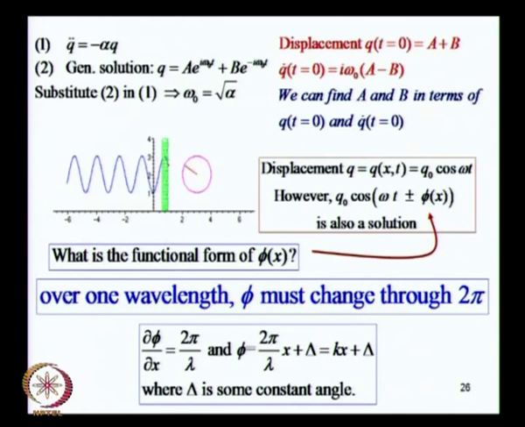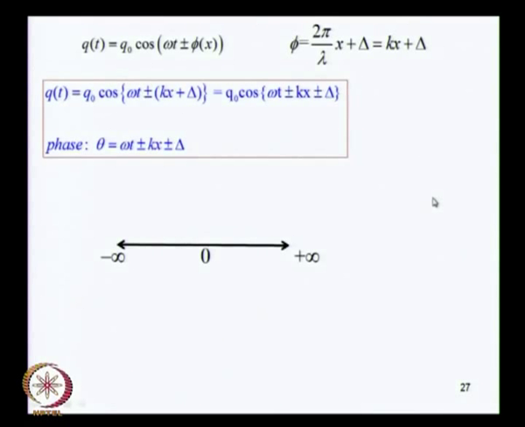Now you have got a simple differential equation, just integrated, the solution is obvious, phi must be 2 pi by lambda times x plus some constant of integration which you cannot rule out. So this is the dependence of phi on x, phi must depend linearly on x. So phi is equal to kx plus delta is your solution, and you get the exact dependence on x of phi.